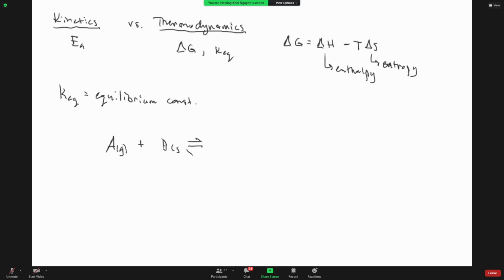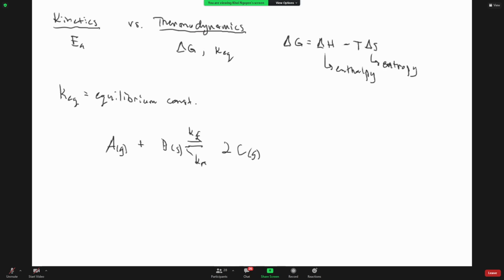The KEQ is just the equilibrium constant in general for anything. Ka is specifically for acid dissociation, Kb is for base hydrolysis, and Ksp is for solubility. But KEQ, so this is your forward rate, and this is your reverse rate for that equilibrium constant. And let's say we have two gas A molecules creating molecule C that's also a gas.